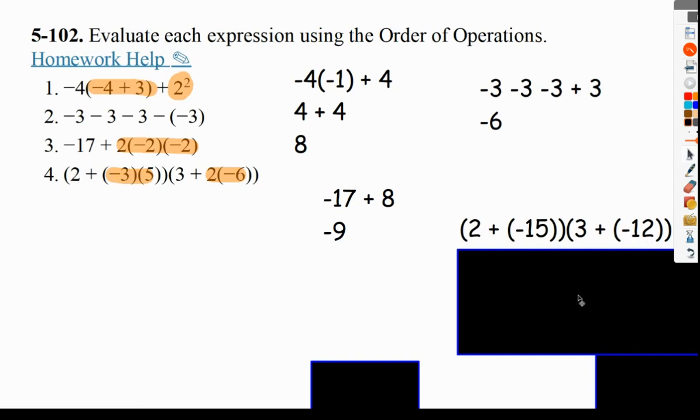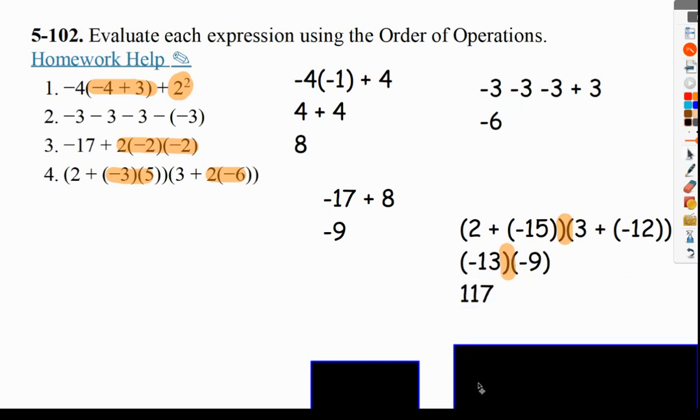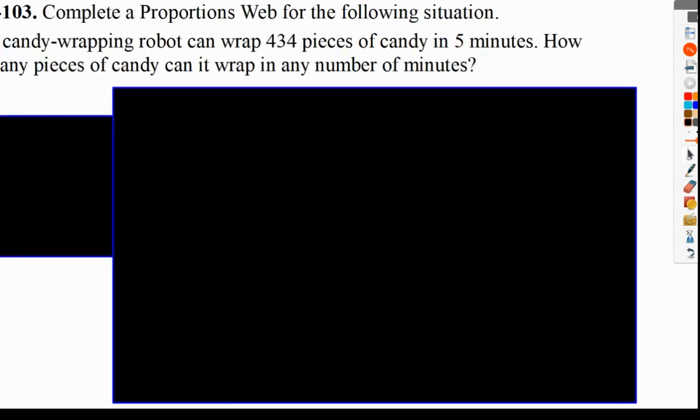Then 2 plus negative 15 times 3 plus negative 12. The 2 plus negative 15 would be negative 13, and the 3 plus negative 12 would be negative 9. Remember, when these two parentheses butt up against each other with no operation in between, we multiply those. So our final answer is 117.